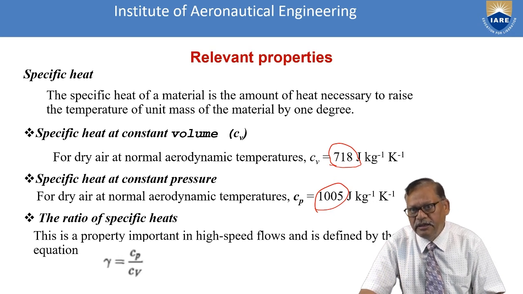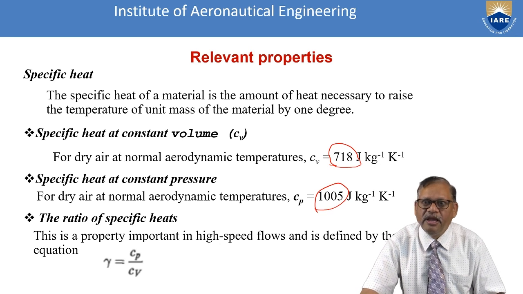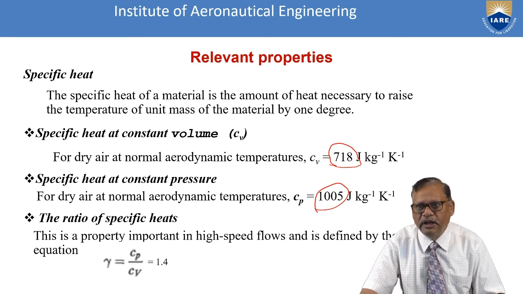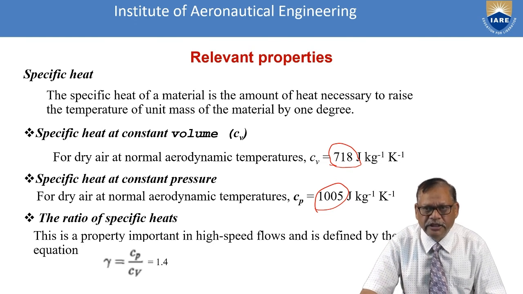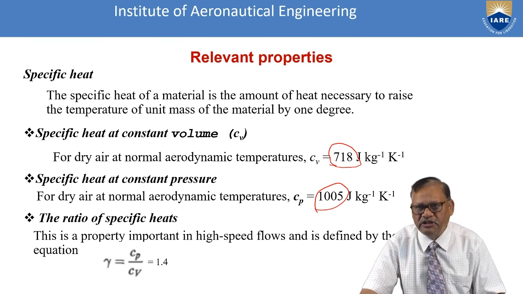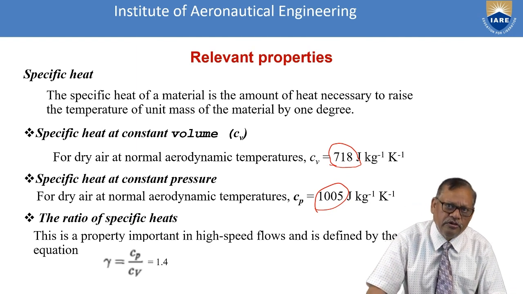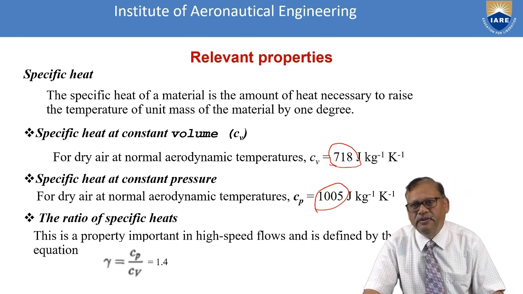Gamma is nothing but CP by CV, and that is equal to 1.4. Actually, it is not exactly 1.4, it is 1.403, so there is some approximation.